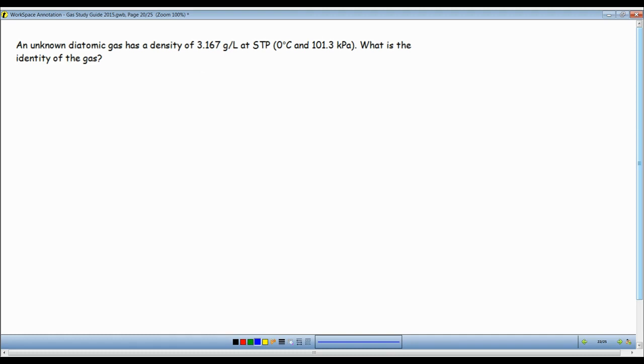Okay, so this is going to come up every now and then. Identifying an element, and identifying a gas, could be anything. One of the best ways of identifying an unknown is by calculating its molar mass. Molar mass is grams per mole. So I look on the periodic table.